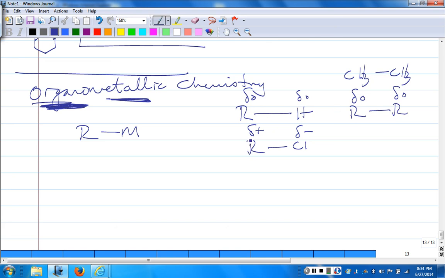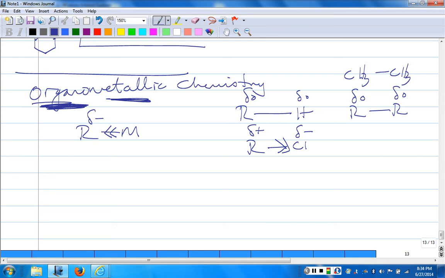But when Grignard developed organometallic chemistry, all of a sudden, the dipole switched. The metal was now dumping electron density onto the carbon, and I made nucleophilic carbon, basic carbon. That allowed us to close the loop.